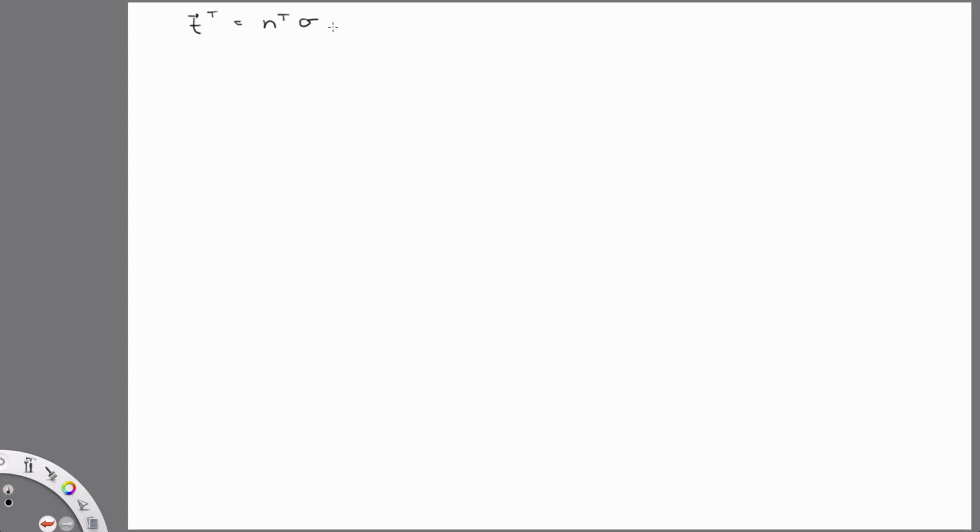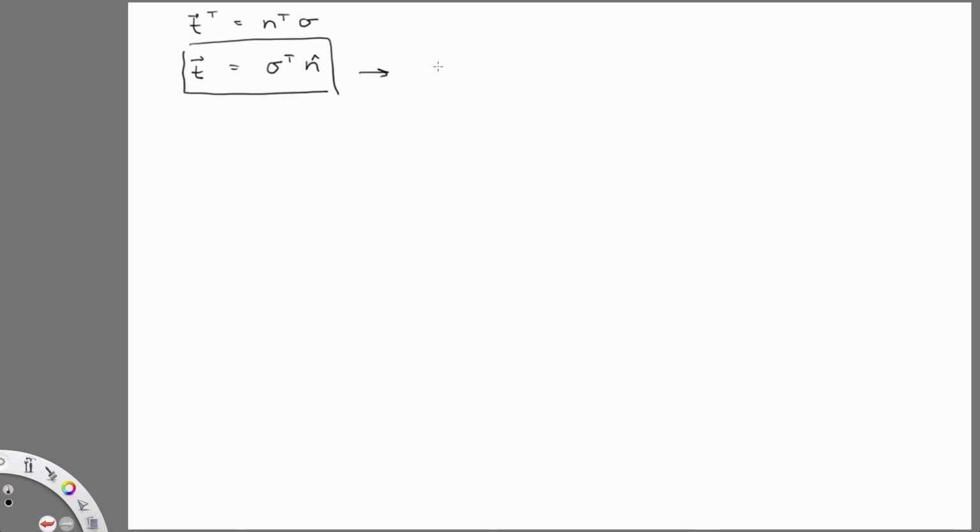But nevertheless, if we take the transpose now of both sides of the equation, then we have that T is equal to sigma transpose N. And this is the way you more commonly see it.